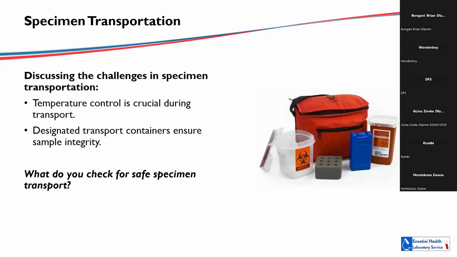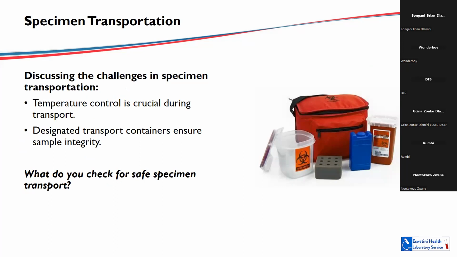Then specimen transportation. Let's look at some of the challenges in specimen transportation. Sometimes you find that samples are not monitored during transit. There is no thermometer to check the temperature for those that need to be transported in cold chain. Sometimes they are not well packaged.